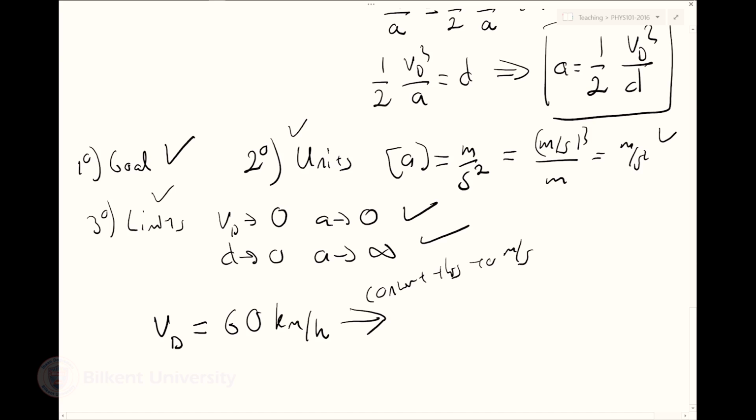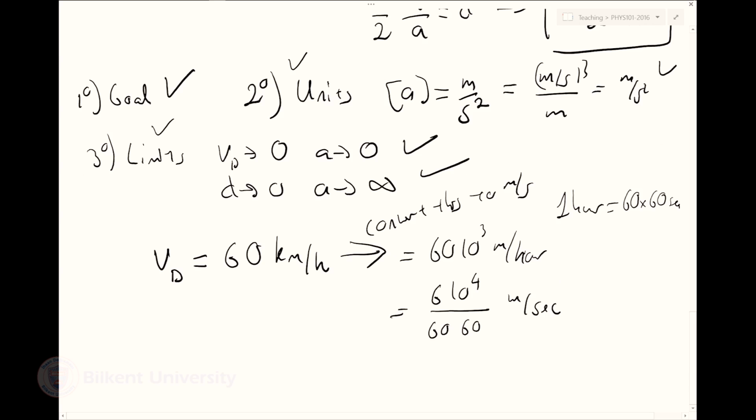How do I do that? Well, let's do it. 60 kilometers is 60 times 10 to the 3 meters per hour, right? 1 hour is 60 minutes times 60 seconds. So I must have 6 times 10 to the 4 divided by 60 times 60 meters per second. Okay, I'll not actually go ahead and calculate the numerical values.